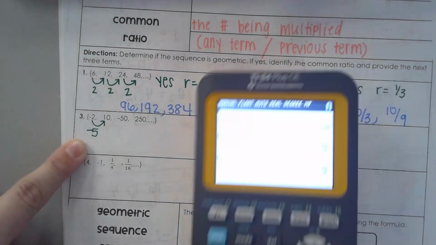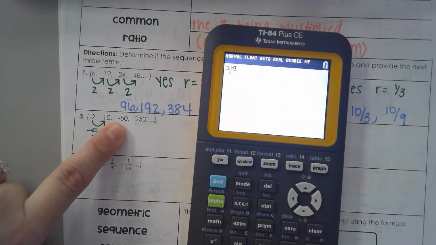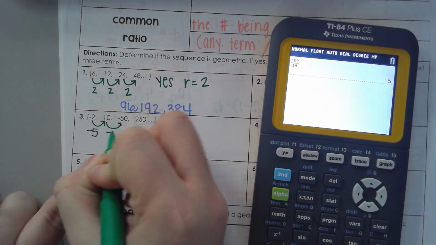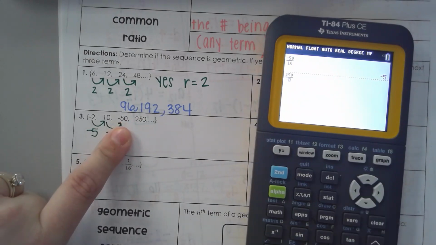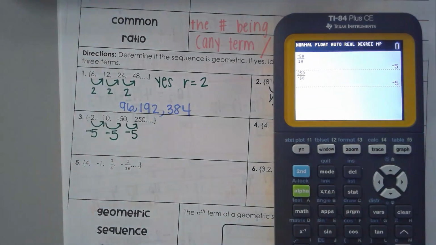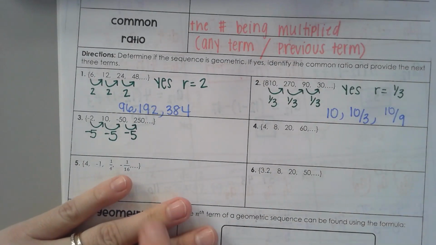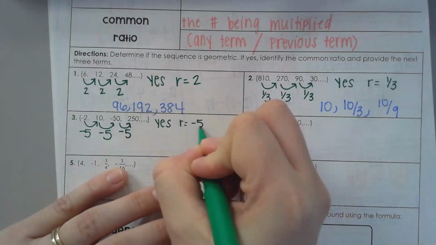So if you want to check that in your calculator, you can say, well, -50 divided by 10, yep. 250 divided by -50, yep. -5. So we're multiplying by -5 all the way across. So yes, it's geometric. R is -5.